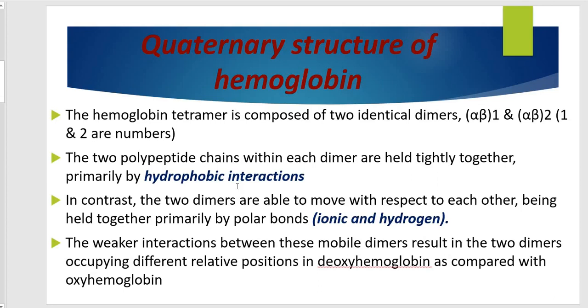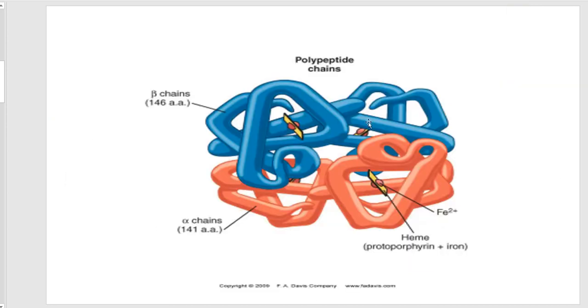So the quaternary structure of hemoglobin: hemoglobin is a tetramer. Tetra means 4, meaning 4 polypeptide chains, 2 alpha and 2 beta. This will form 2 identical dimers, alpha beta 1 and alpha beta 2, like this figure.